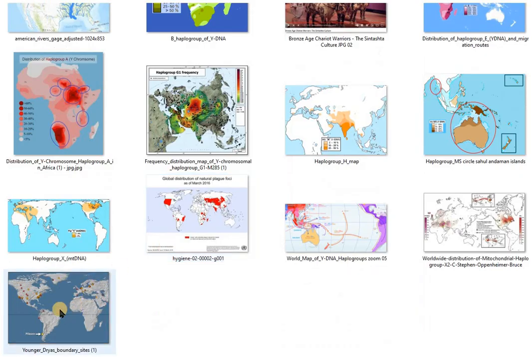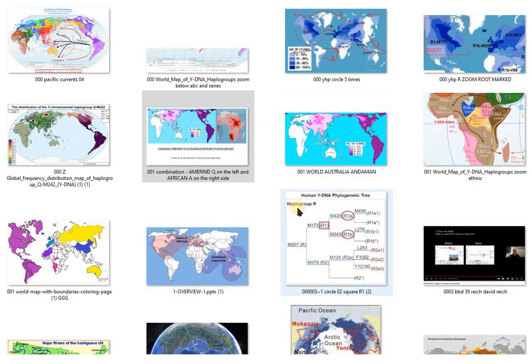Okay, this is as well the Younger Dryas boundary, but here it's easier to see. Younger Dryas boundary associated with R, and later I will explain that the Younger Dryas boundary is formed or made by haplogroup R, around 12,800 years BP.